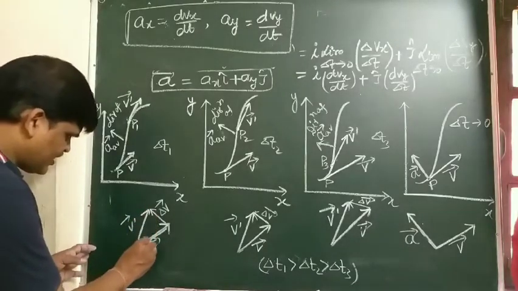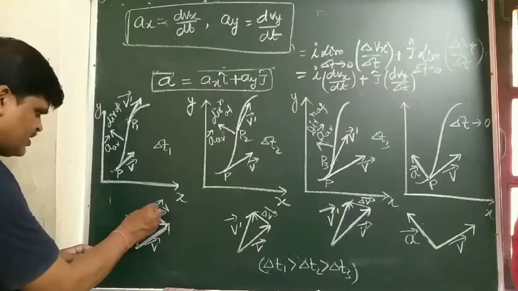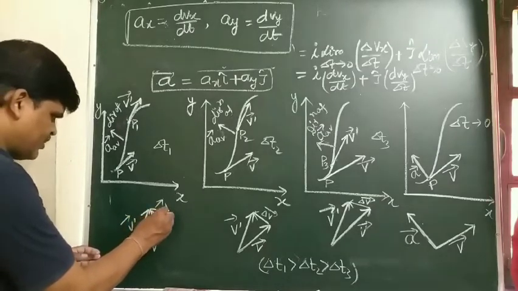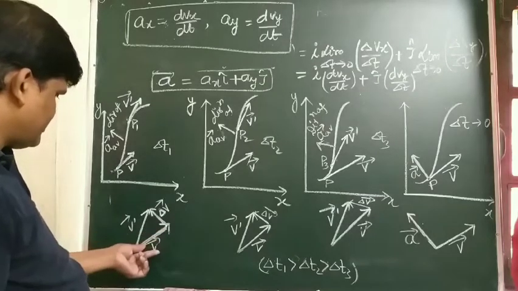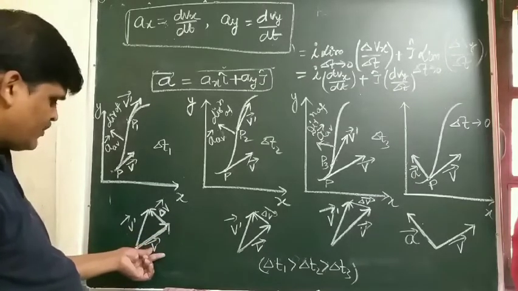This is the change in velocity, and delta v can be obtained by using the triangle method. So delta v can be written as v dash minus vector v.